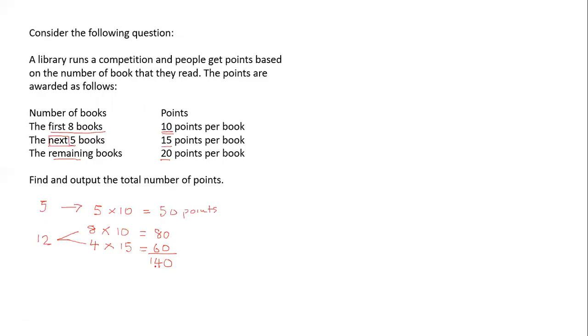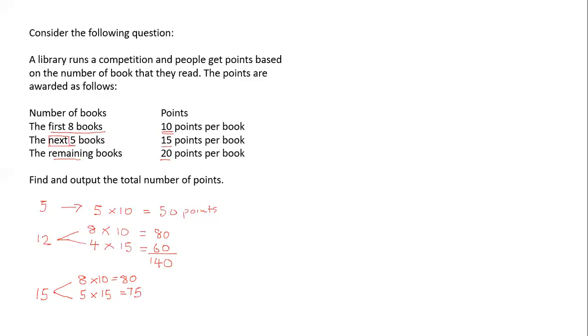One final example we can look at is, what if somebody had to read 15 books? In this case, they would have read the first 8 books and received 10 points for each book, giving them a total of 80. They would also have read the next 5 books and received them each at 15 points, giving them a total of 75 points.